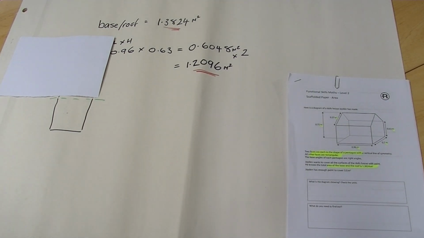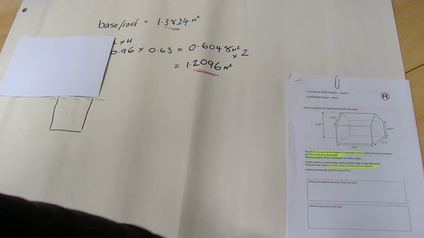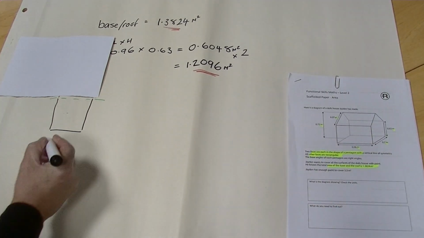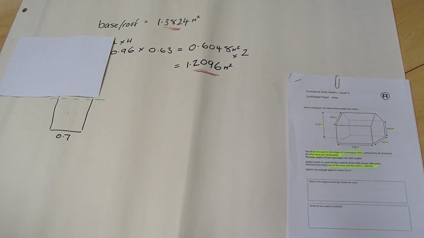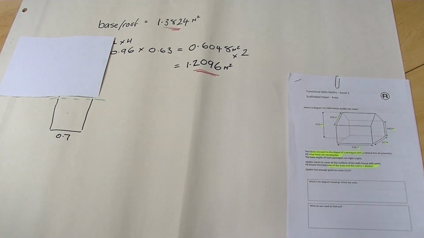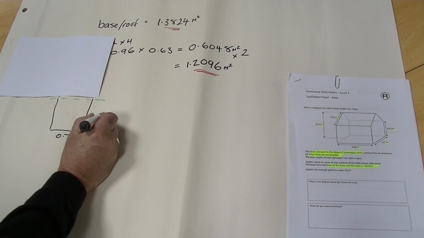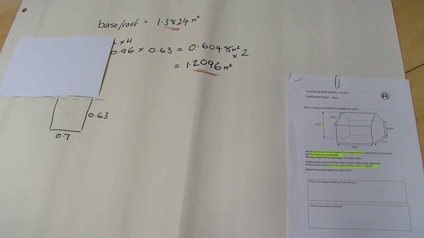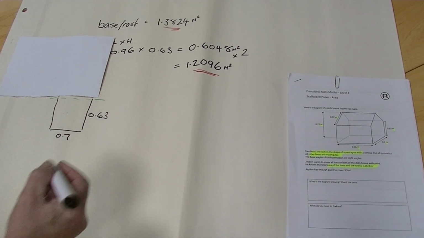Looking at the picture, we can see that the base of the rectangle is 0.7 metres, and the height of the rectangle is 0.63 metres. So that's our first sum.